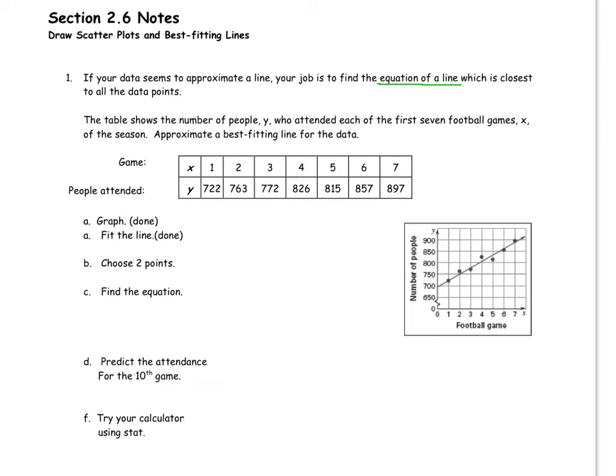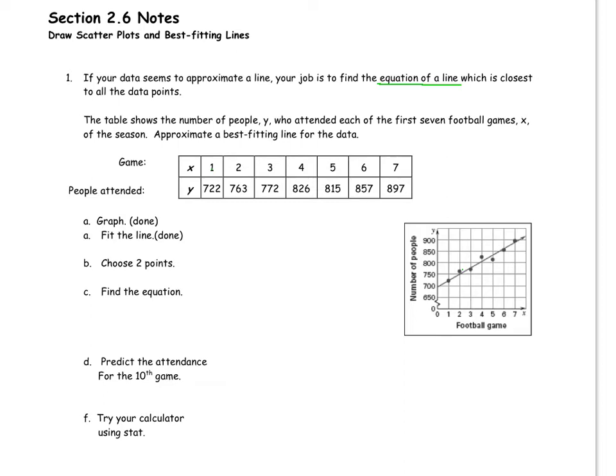What we have shown you is what happens if I try to put a line in that data. When you have to do this on your own, the goal is to put the line so that you have as many points above the line as you do below, or pretty close.